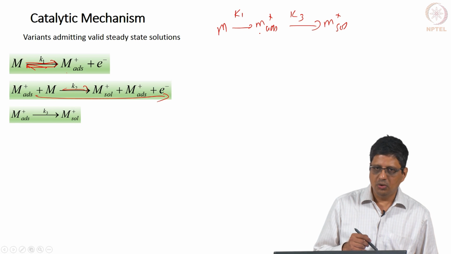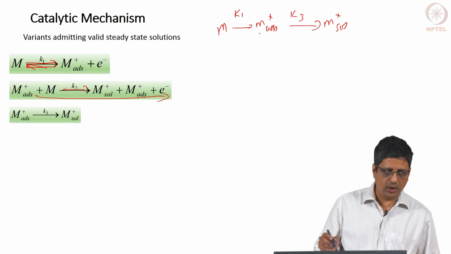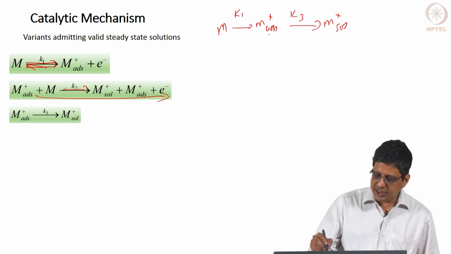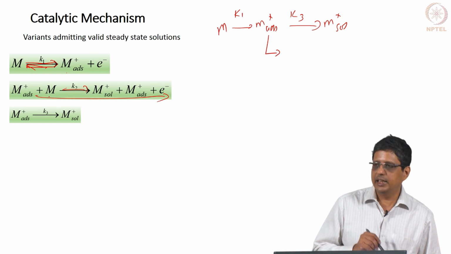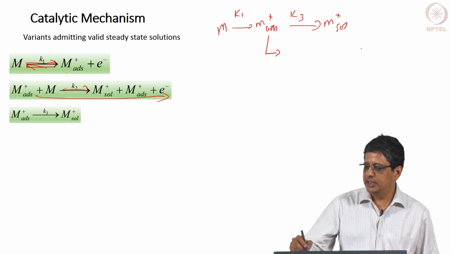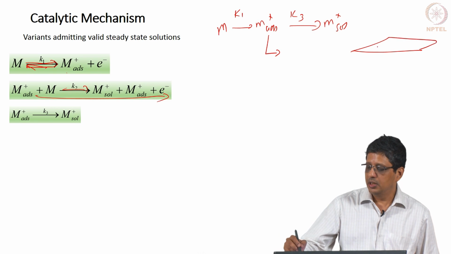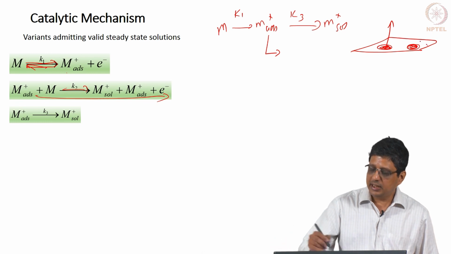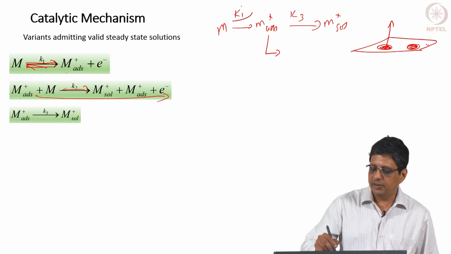This is the first mechanism we have seen for one adsorbed intermediate. In addition, this goes via the catalytic path. That means, if I have a surface, if this is M adsorbed, it will go, this is also M adsorbed, this bare metal can become M adsorbed by the first step here.